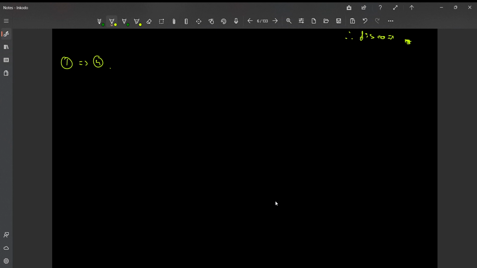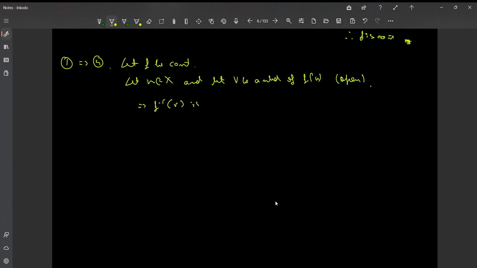Okay. So let's start with proving 1 implies 4, and then we show 4 implies 1 as well. So 1 implies 4. Now this is obvious because if f is continuous, then choose an element small x from capital X, and let V be an open neighborhood of f(x).